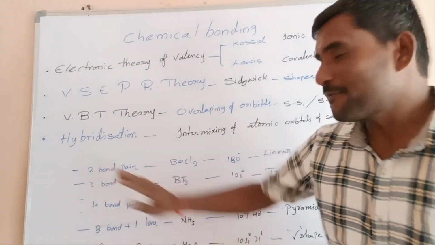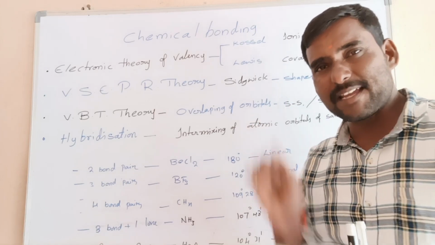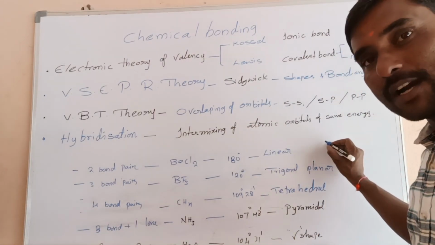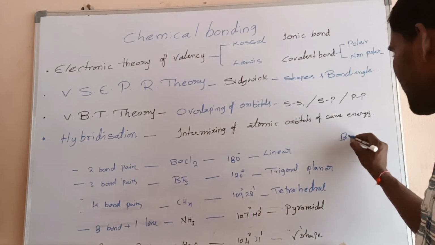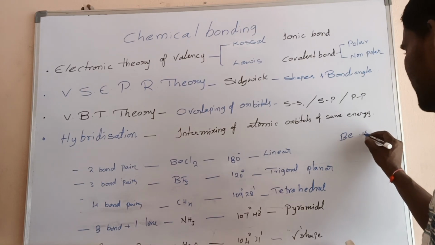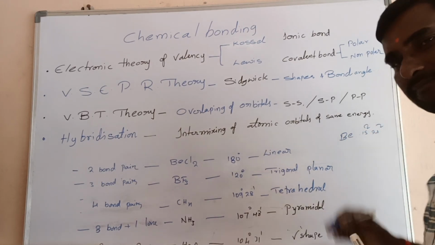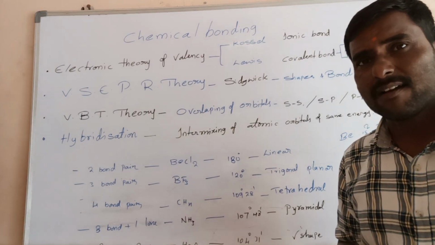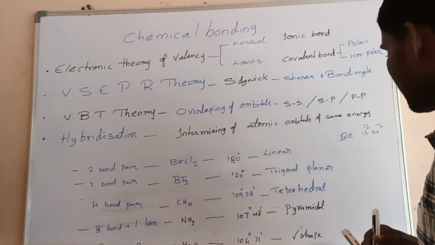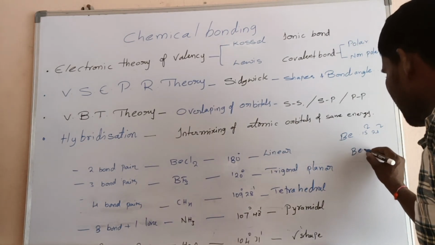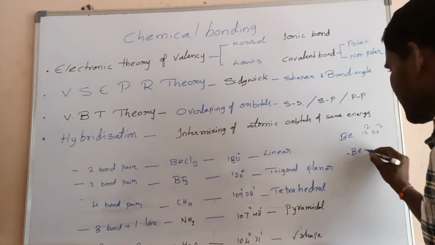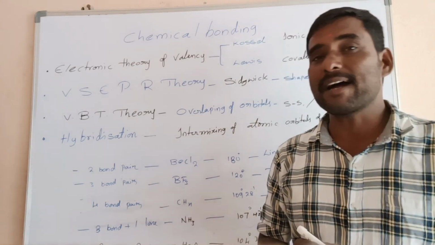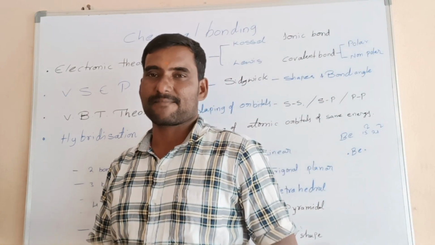simply if there are 2 bond pairs, for example BeCl2, you already know Be configuration is 1s2 and 2s2. So the 2 electrons of Be will be shared by 2 chlorine atoms.